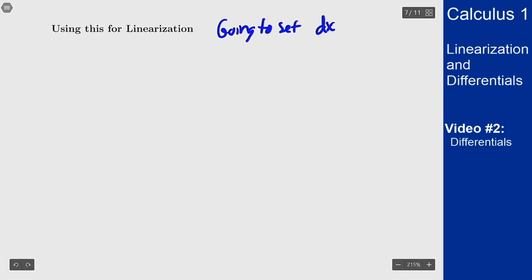How is this useful for linearization and linear approximation? The idea is that we're going to set dx equal to a delta x, or a change in x. Our definition of a differential said that df was equal to f prime at x times dx.